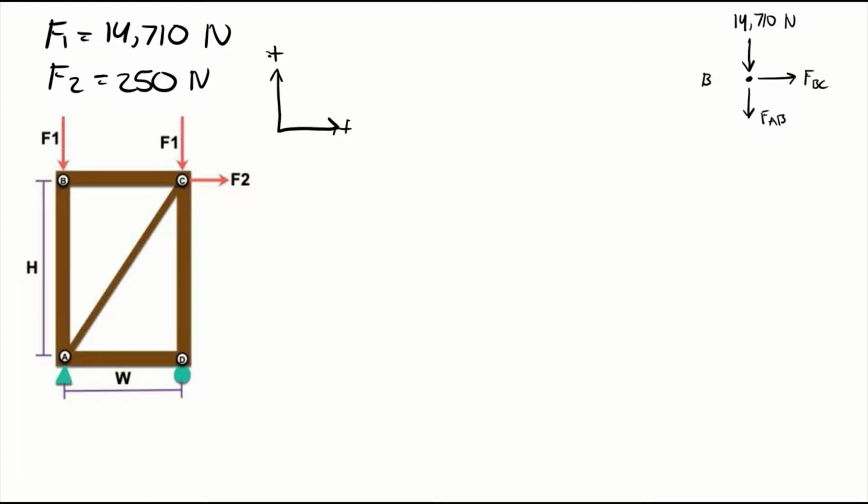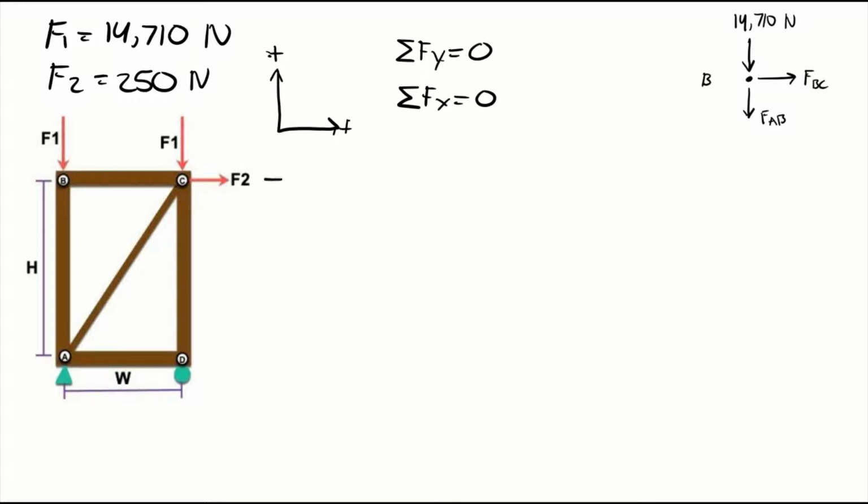So that means that if a force is pointing down or to the left, we assume it's negative. Also, to solve a joint, we need to make sure that we're satisfying the sum of forces in the y equaling 0, as well as the sum of forces in the x equaling 0.